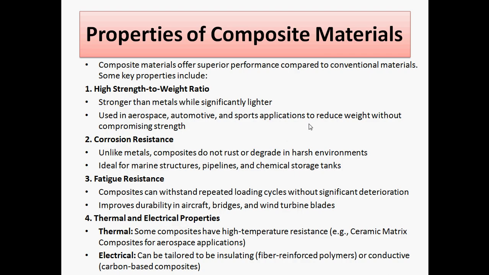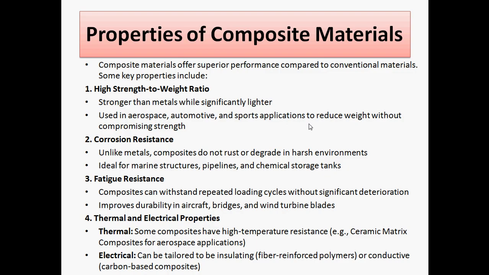It is useful in marine structures, pipelines, and the chemical industry, for example storage tanks. Then fatigue resistance, the composite can withstand repeated loading cycles without significant deterioration. This improves the reliability in aircraft, bridges, and wind turbine blades.